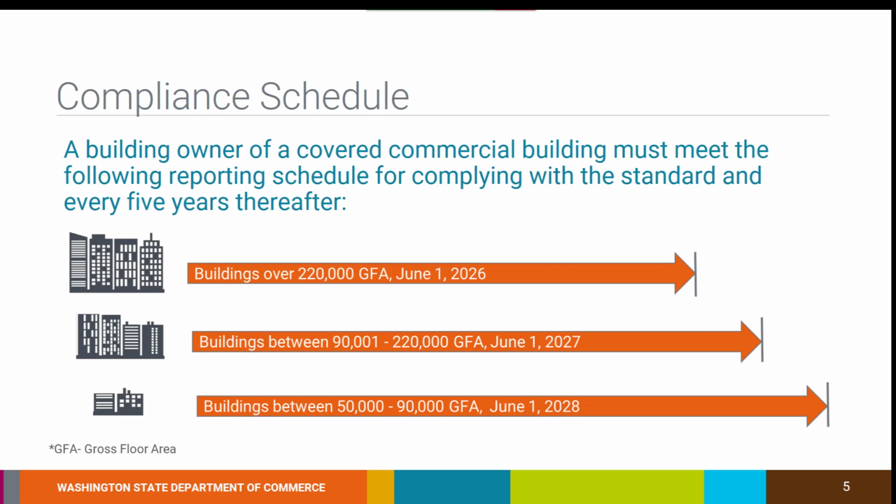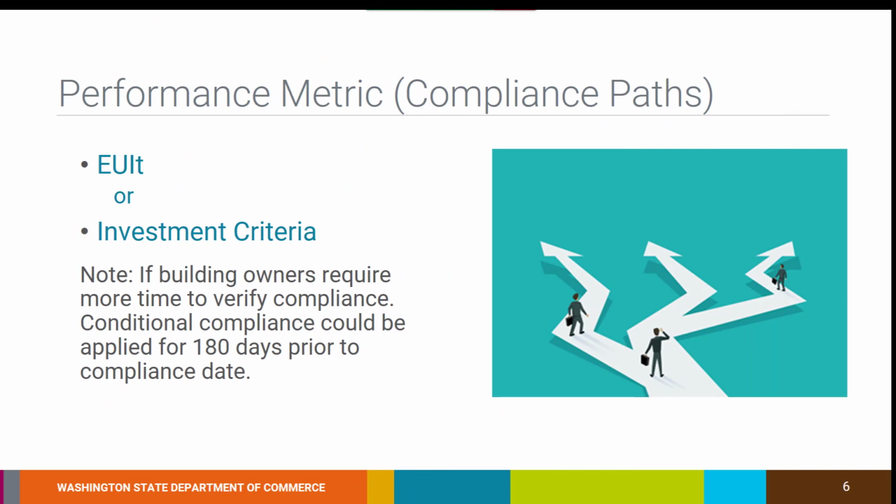Compliance with the Clean Buildings Performance Standard is staggered over a 3-year period, starting with the largest buildings. Buildings must comply with this standard by the corresponding dates as noted in this slide and every 5 years thereafter to avoid penalty. The Clean Buildings Performance Standard is a performance-based standard.